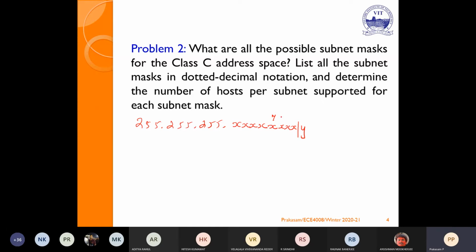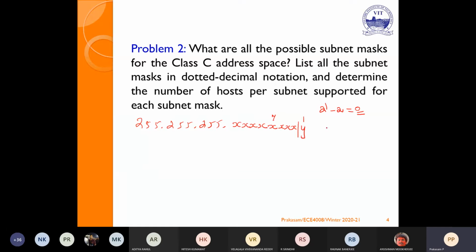My question: is it possible to allocate host addresses using 1 bit? 2 power 1 minus 2 usable host addresses is 0.